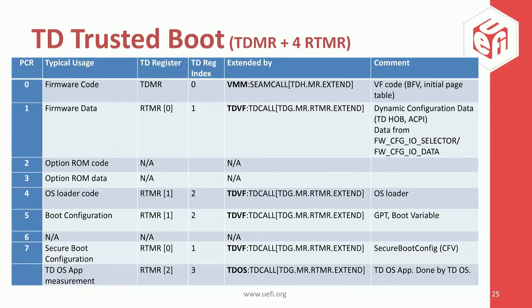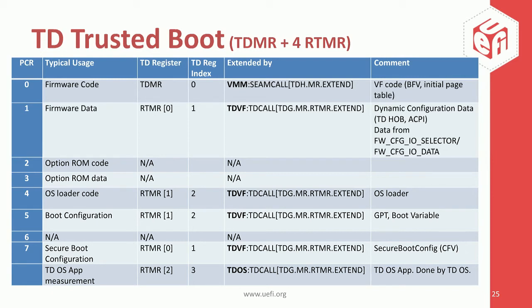This table is a comparison between the TCG measurement and the TD measurement. First, the firmware code goes to the TDMR, which is done by the VMM. Firmware data or configuration goes to RTMR 0, such as config FV or TD HOB.